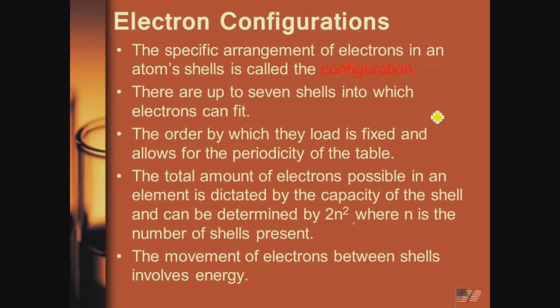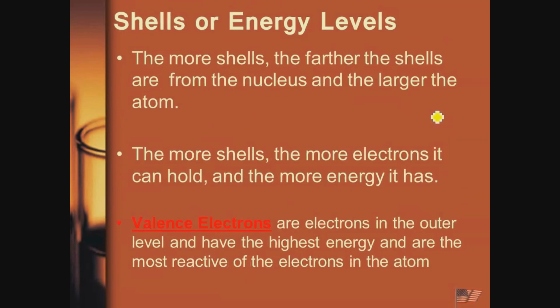If I take 2 times n squared, where n is the number of the shell, that'll tell you how many maximum electrons can fit into that shell. Anytime they move, it involves some kind of energy being applied. It might not be apparent, but the more shells you have, the further you're getting from the nucleus. More shells, more electrons, and further away it is.